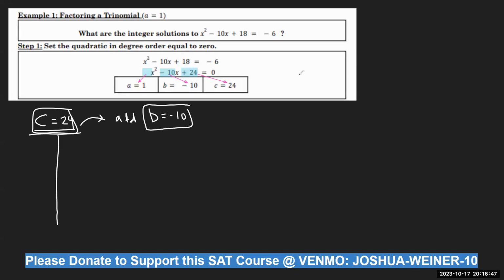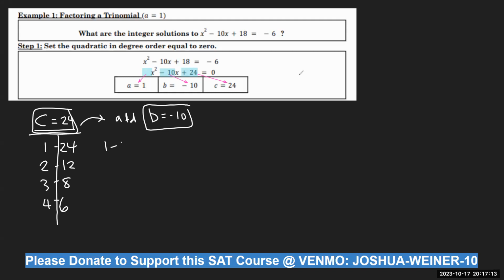24 is a long list. We have 1 and 24, 2 and 12, 3 and 8, 4 and 6, and so on. But since we want B to be negative, I'm just going to do the first 4 as candidates with the larger number as negative. We could continue, but it's not necessary because you have to add them together.